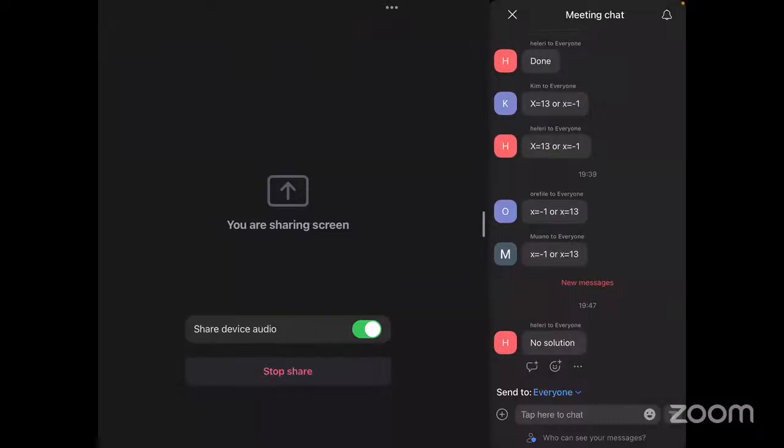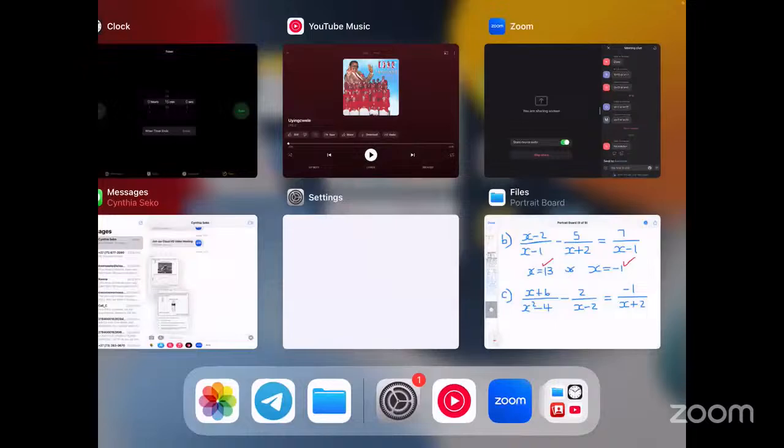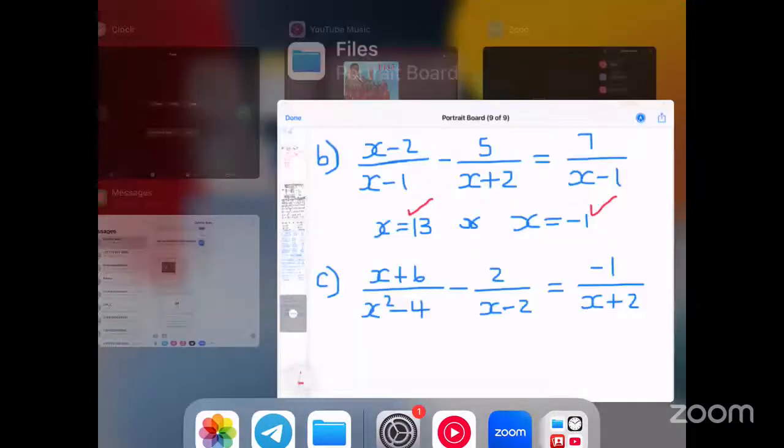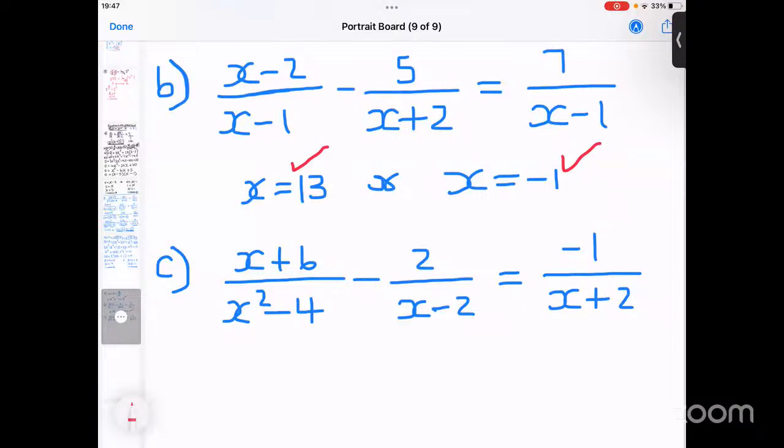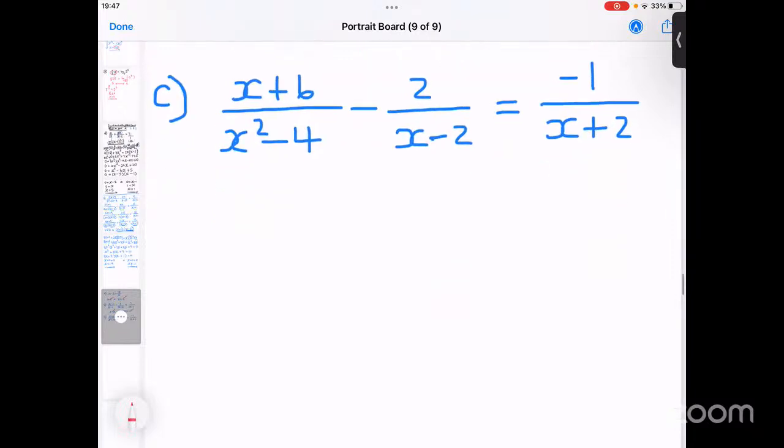Let me check if maybe I'm the one who made a mistake when I was copying it. So we have x plus 6 over x squared minus 4, yes. Minus 2 over x minus 2, yes. No, it's fine. I've copied it correctly. So possibly it is the question itself that is an error.